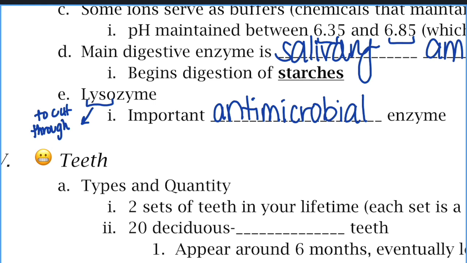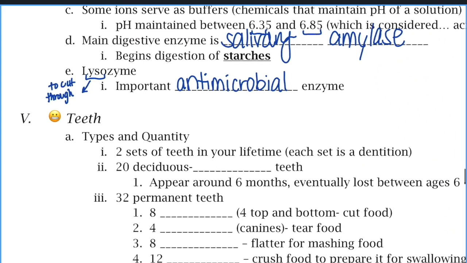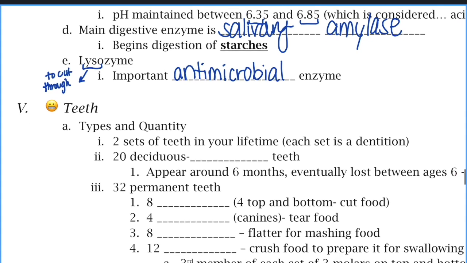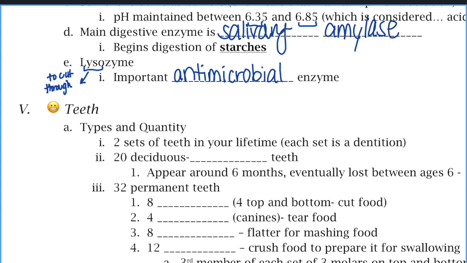When you're stranded and you lose a contact lens, the best place to put it is in your mouth because you have lysozymes in your saliva. You have a good neutral pH to put it back in your eyeball. Your eyeball is approximately the same pH as your mouth, okay? The worst thing you can do is put it under running water. Good to know, huh? You have antibacterial properties in your mouth. Questions about that? Saliva. All right, we're gonna cruise forward.